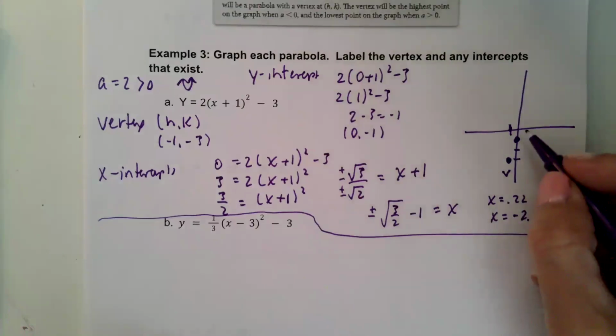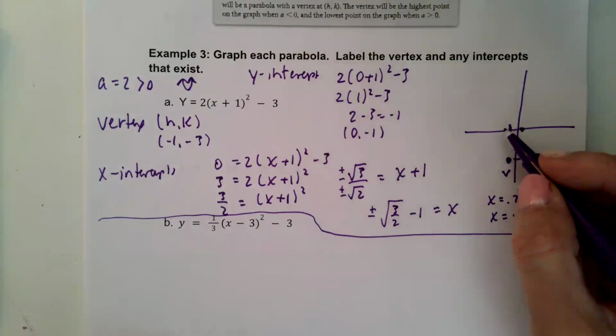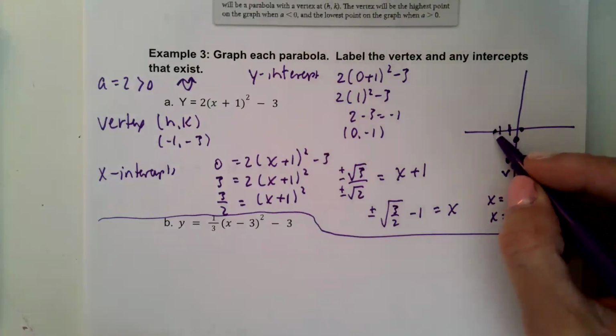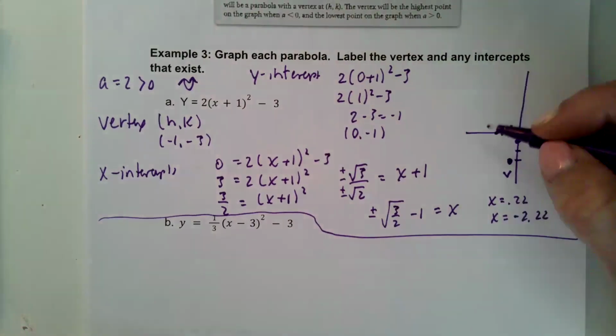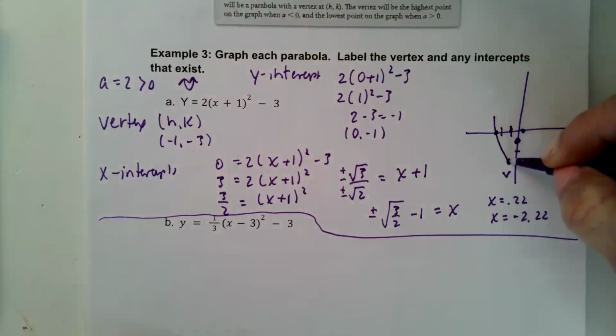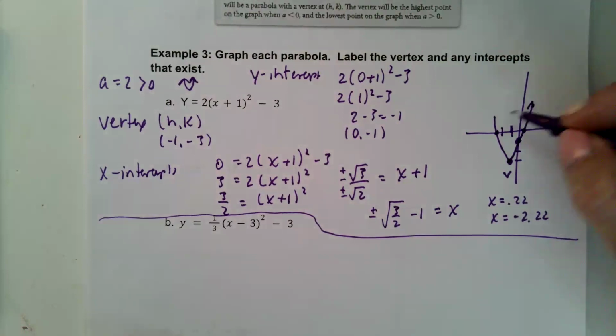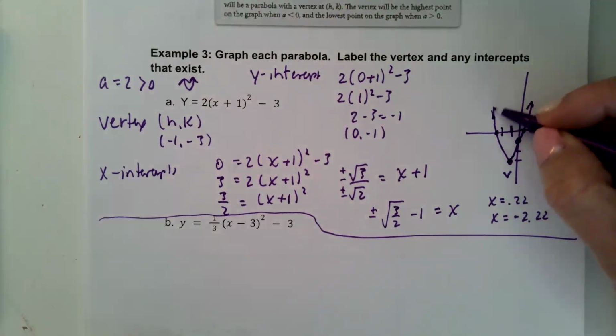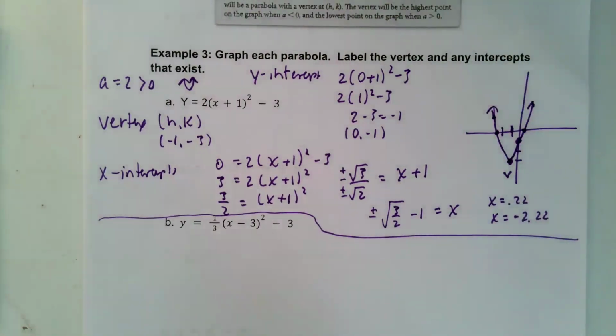So one is at 0.22, so that's going to probably be right about here, and the other one is at a negative 2.22, so just past the negative 2. So the vertex is our bottom, and then it starts going up. So it's going to look something like that.